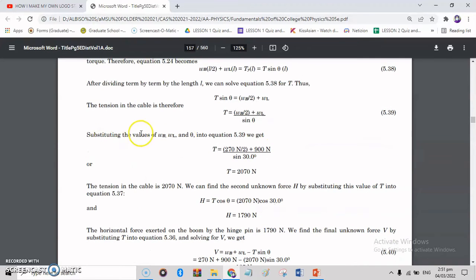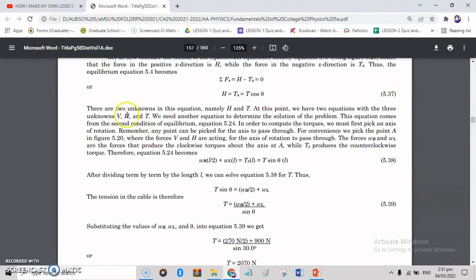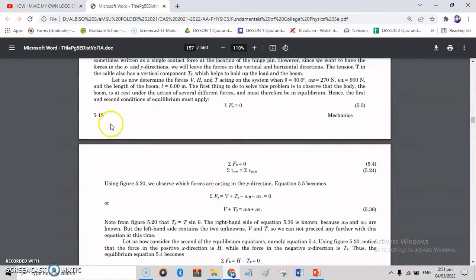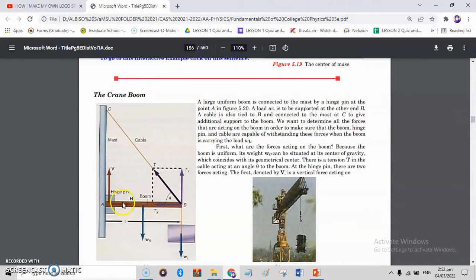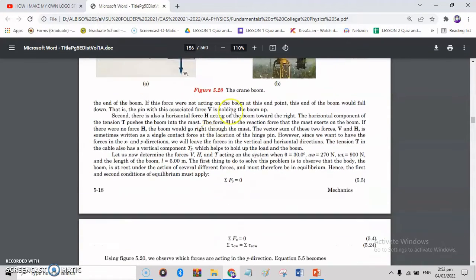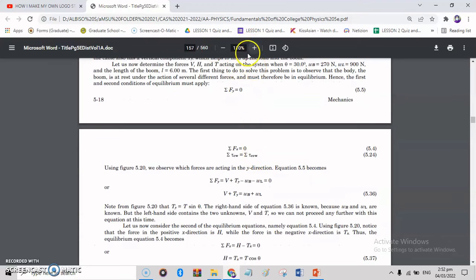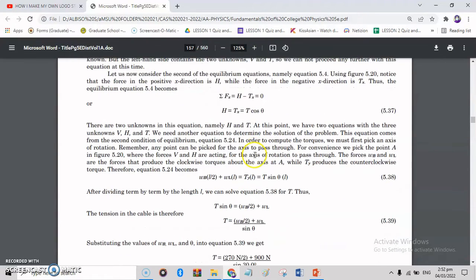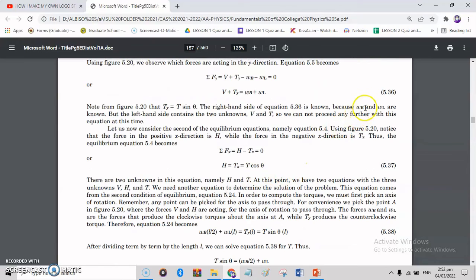Now, substituting the values, there are two unknowns in this equation, namely the horizontal force and the tension, H and T. H is the horizontal force at the hinge pin, and T is the tension. Going back to the problem, the weights WB and WL are known.